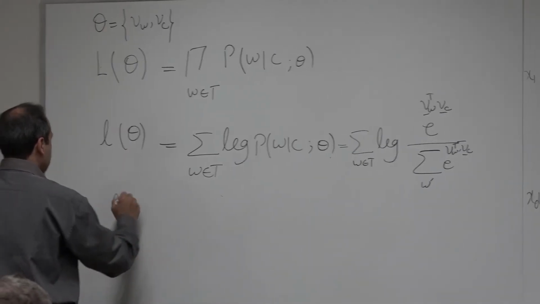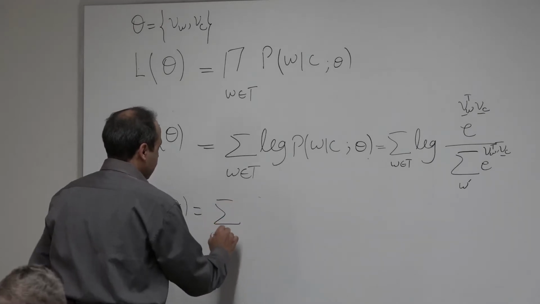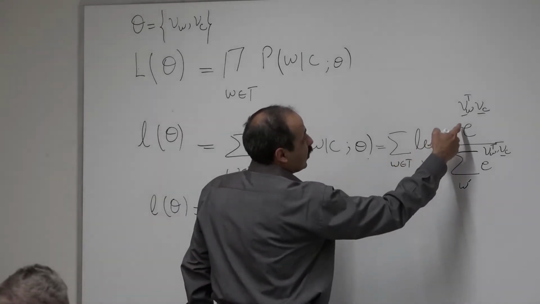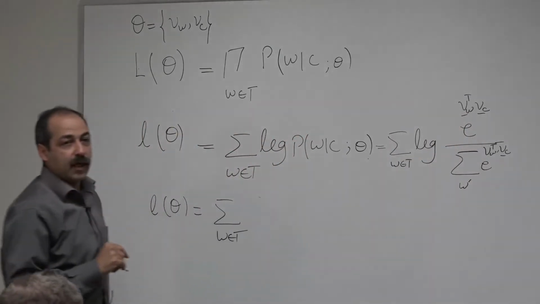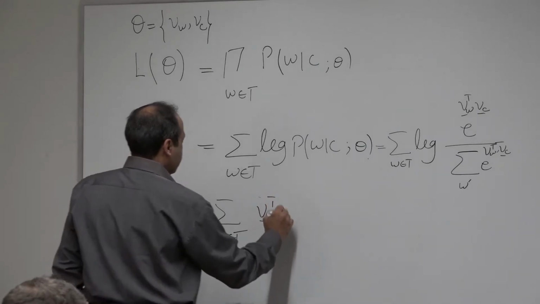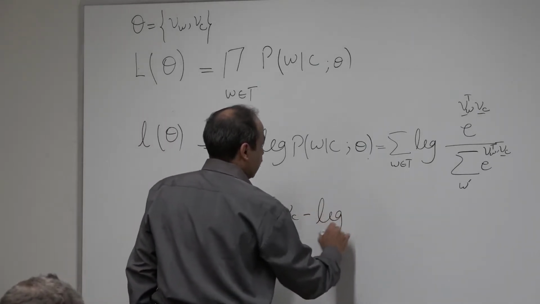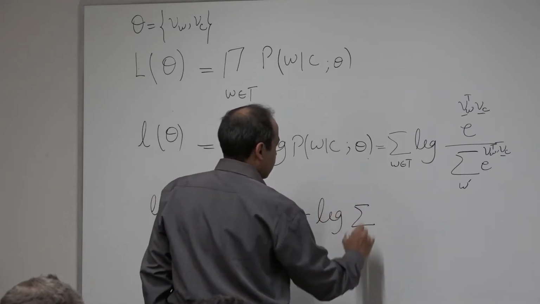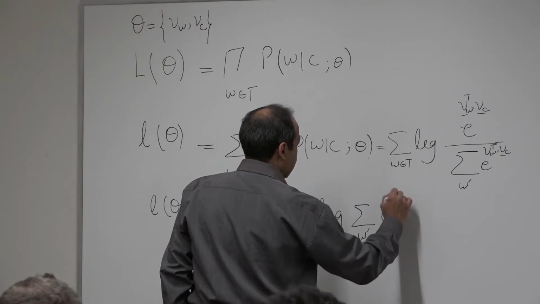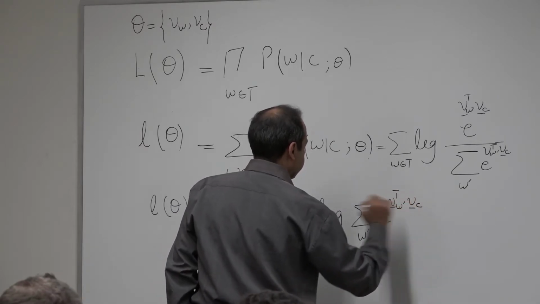So if I apply this log, I have summation over all W. Log of e to the power of Vw transpose Vc would be just Vw transpose Vc, minus log of sigma over W prime of e to the power of Vw prime transpose Vc.